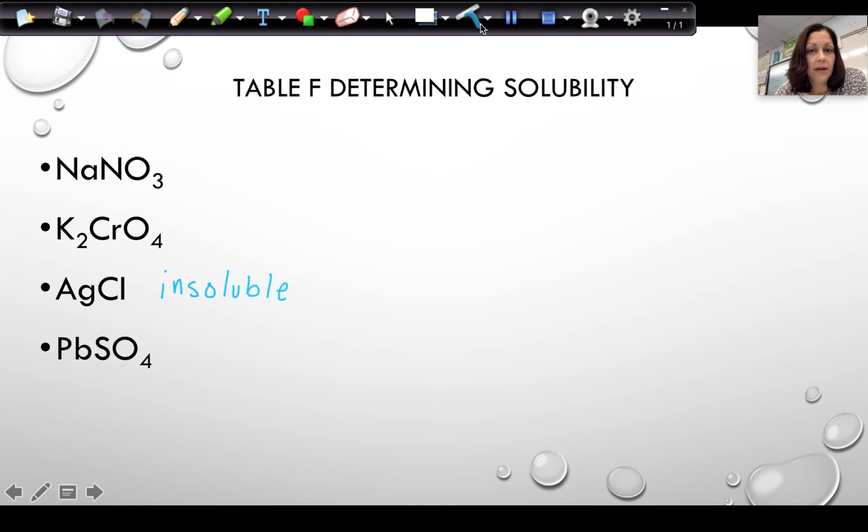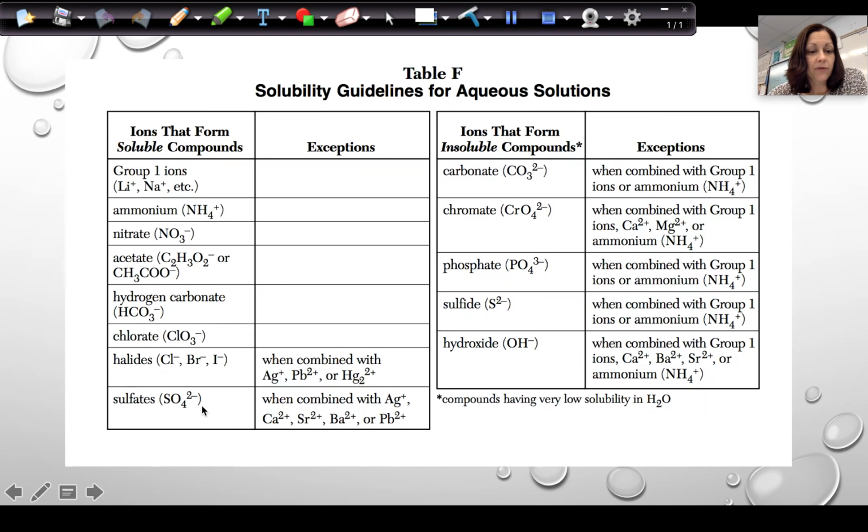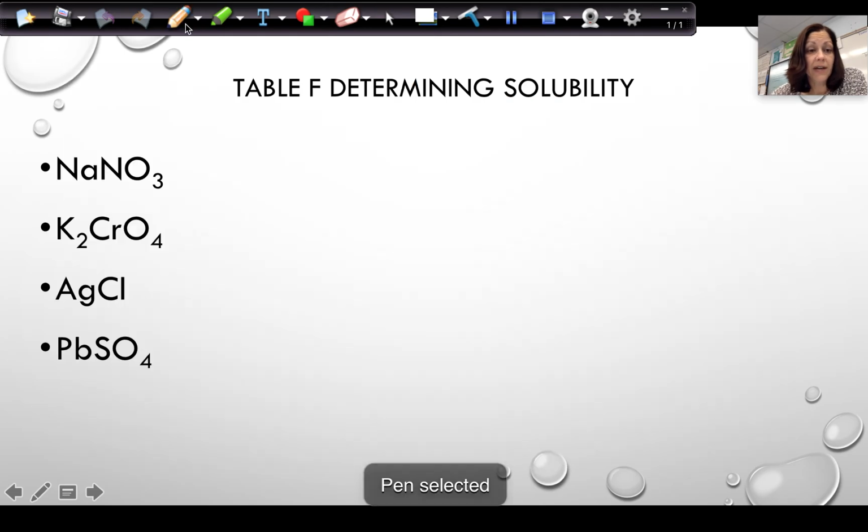And if we go back again, for PbSO4, SO4 is usually soluble, but Pb is one of its exceptions, so we'll also say that PbSO4 is insoluble.